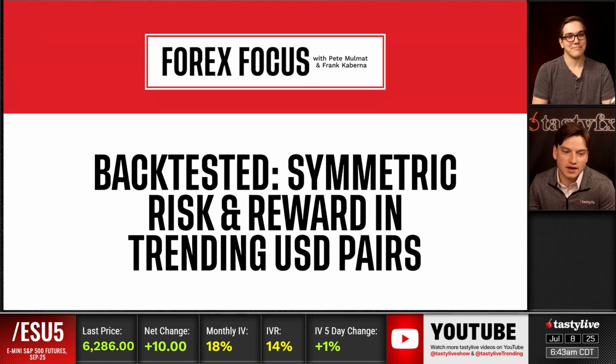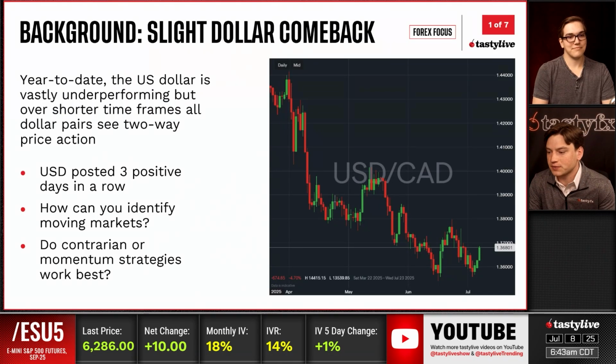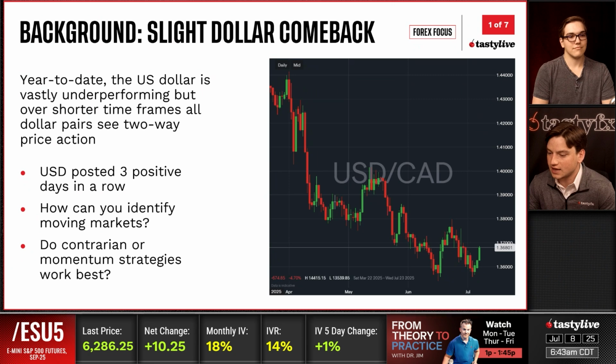But we have some historic context for this, as we called out a slight dollar comeback on the table, not nearly to the magnitude that a dollar recovery would need to get back to even where we started the year, let alone the past 2 years of dollar strength.